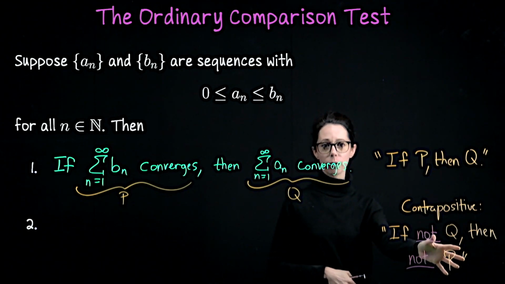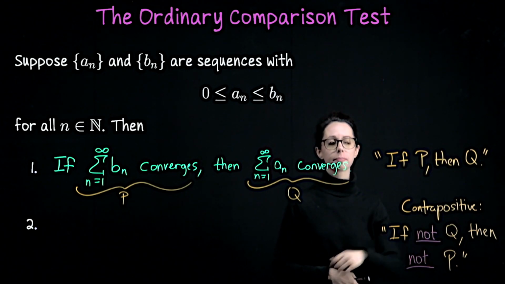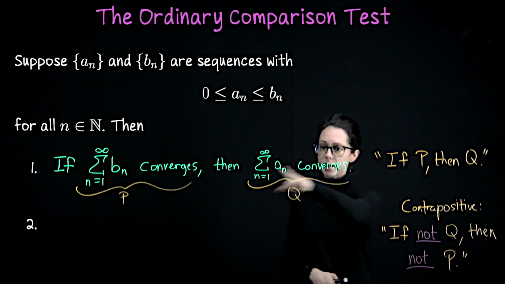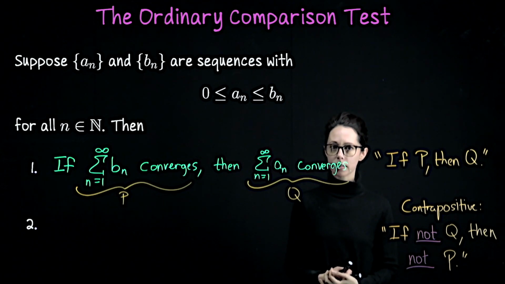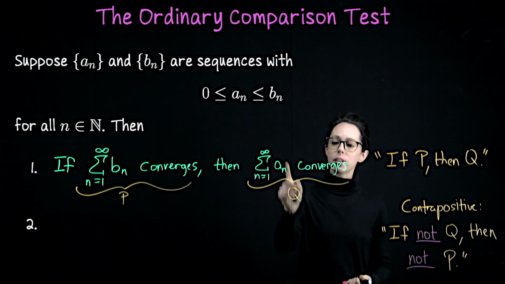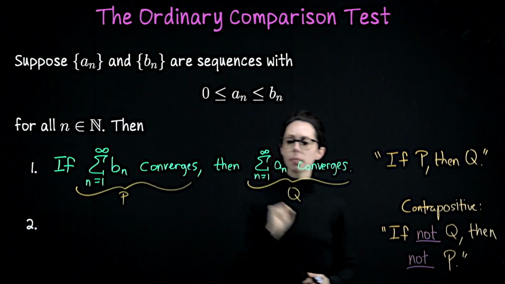They're either both true or they're both false. So if this statement is true, so is its contrapositive. What is the contrapositive of this statement? It's if not Q, then not P.